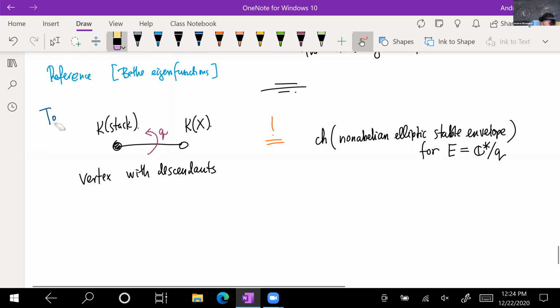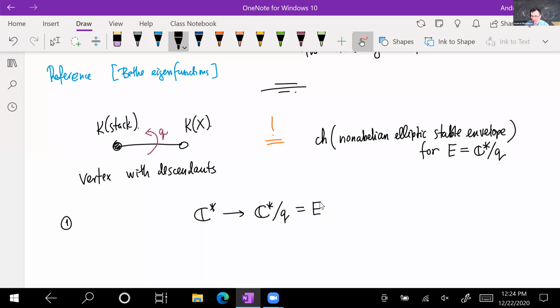First of all, we have a map from C star to C star mod Q, which is the elliptic curve. So I have a map of curves that induces the map of groups.